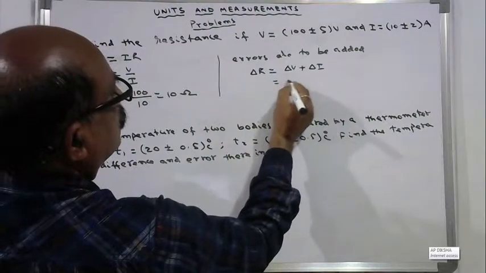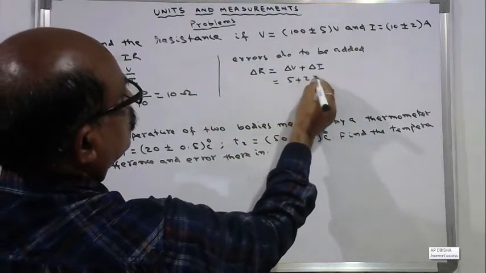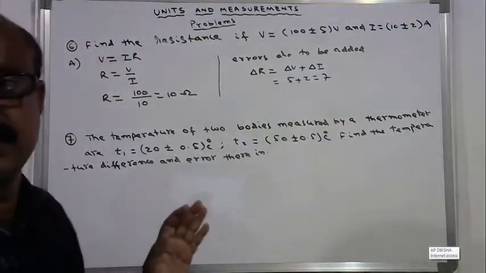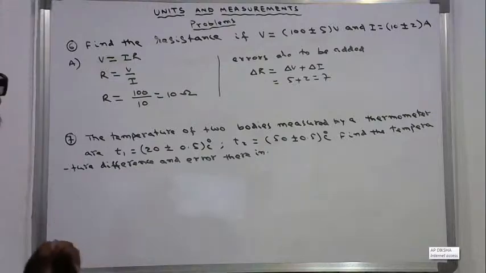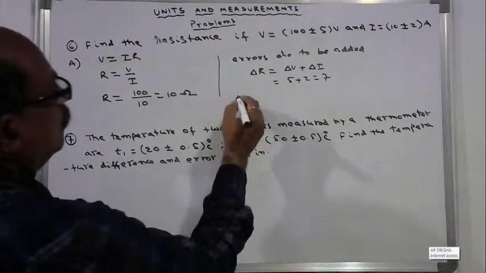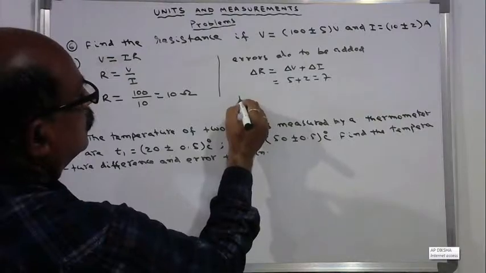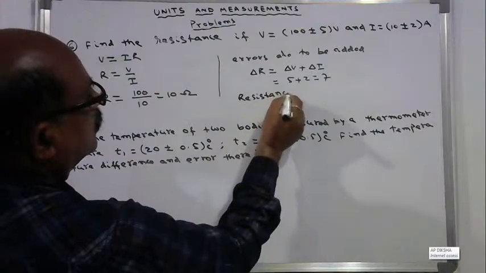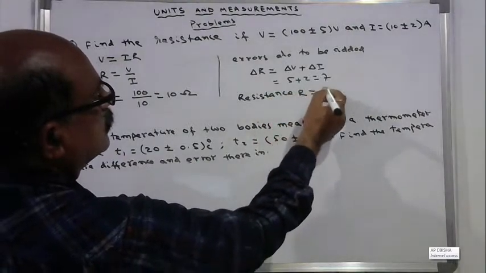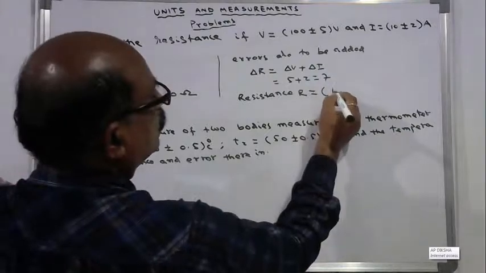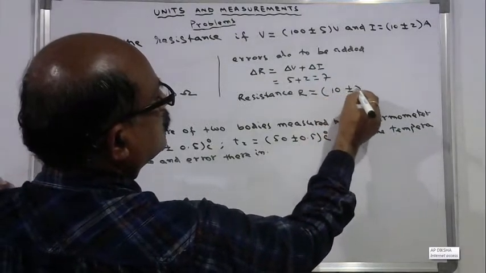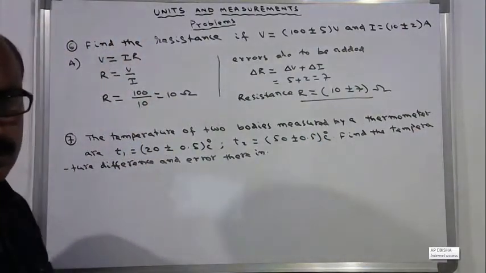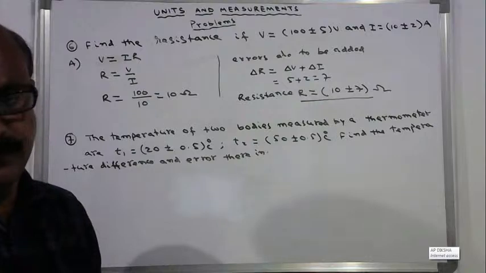So that is equal to 5 plus 2 is equal to 7. If you want to express it in percentage, you have to write 7%. Then what is the value of R here? The resistance is expressed as the main value 10 ohms plus or minus 7 ohms. This is the way in which you have to represent the resistance.